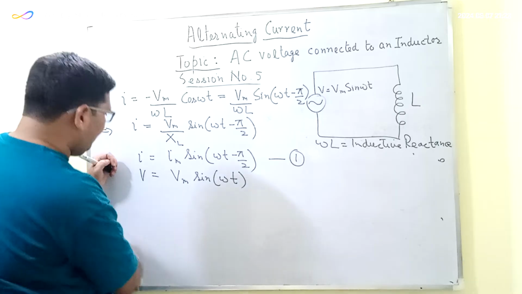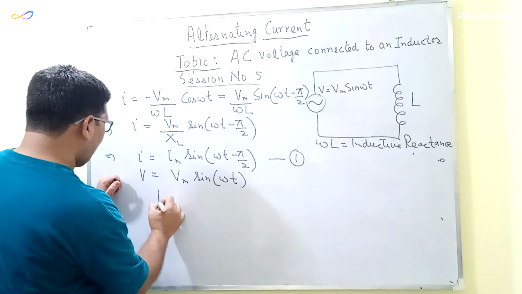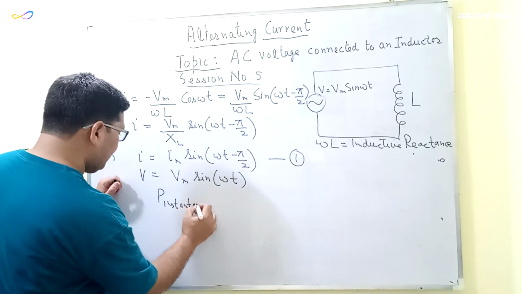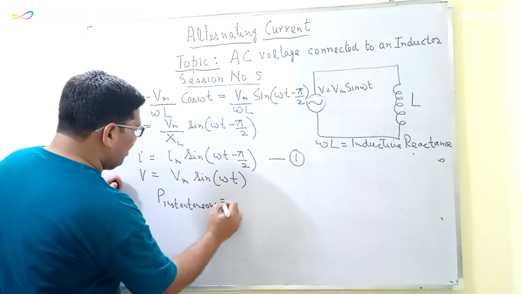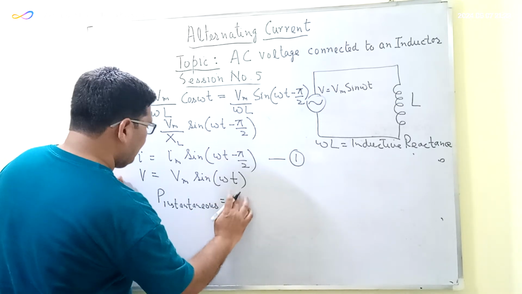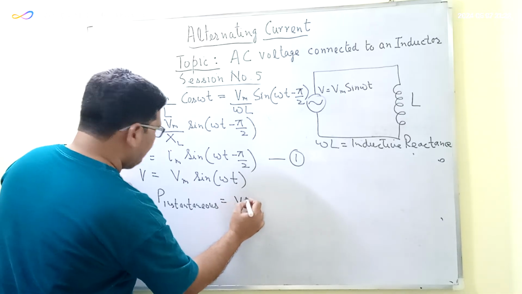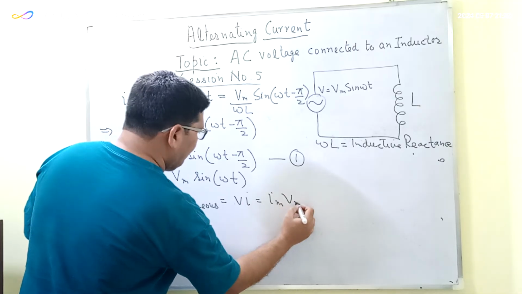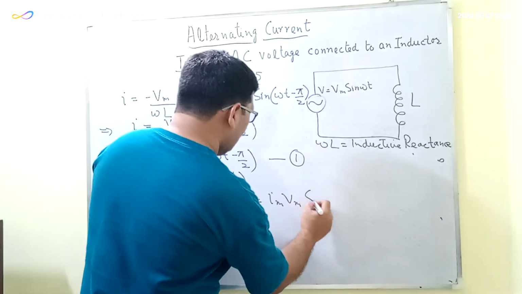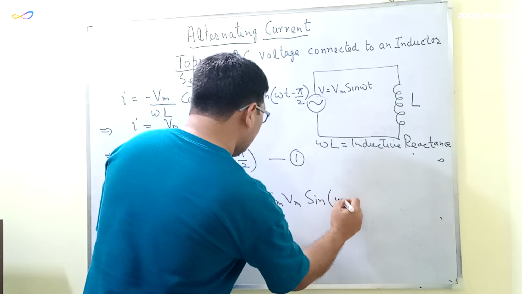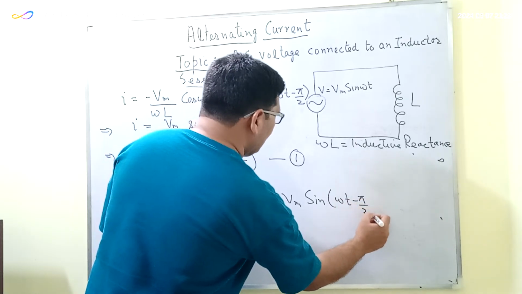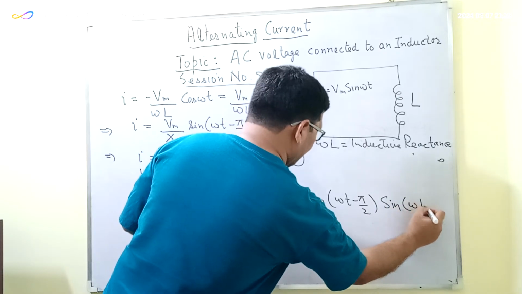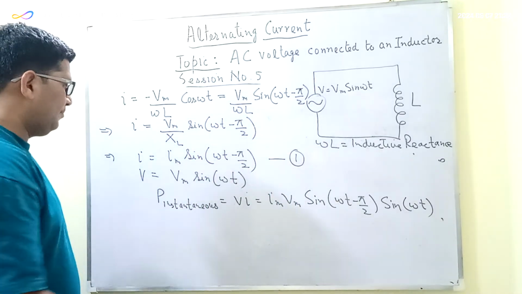The instantaneous power is equal to V times I, which is equal to Im Vm sin(ωt − π/2) sin ωt.